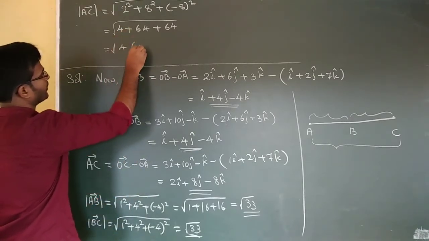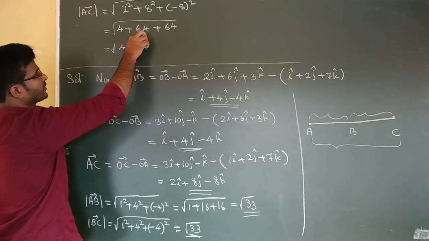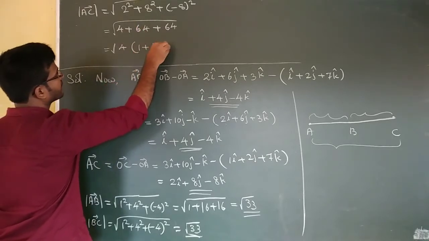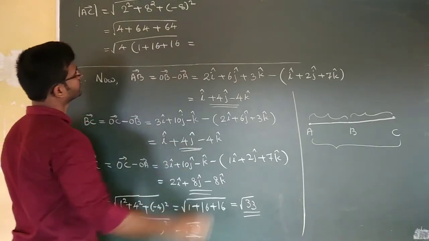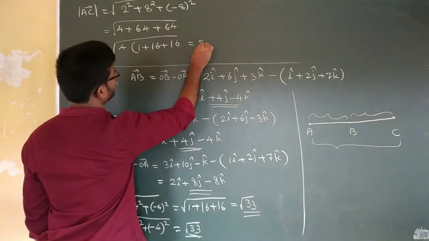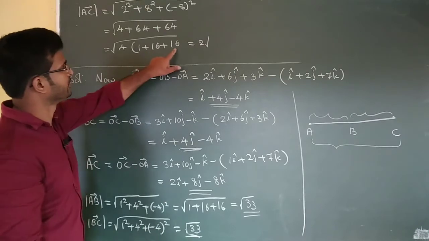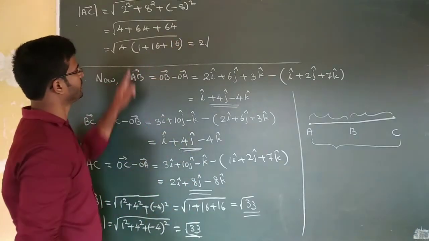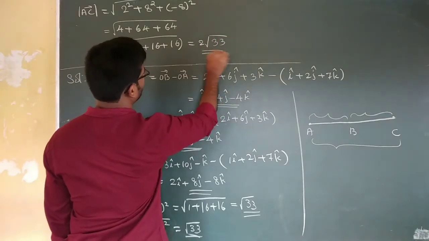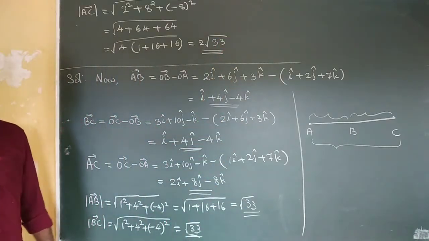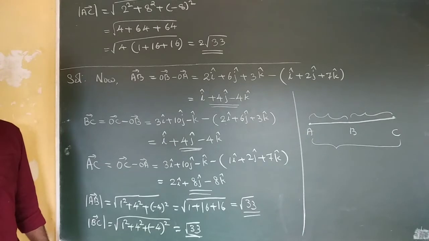Then remaining 1, 16, and 16. Equal to square root of 4 is 2, root of 16 plus 16 is 32, plus 1 is 33. We got magnitude of AC vector is 2 root 33.